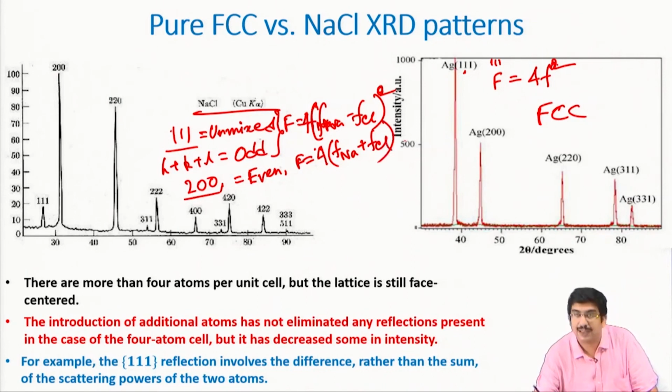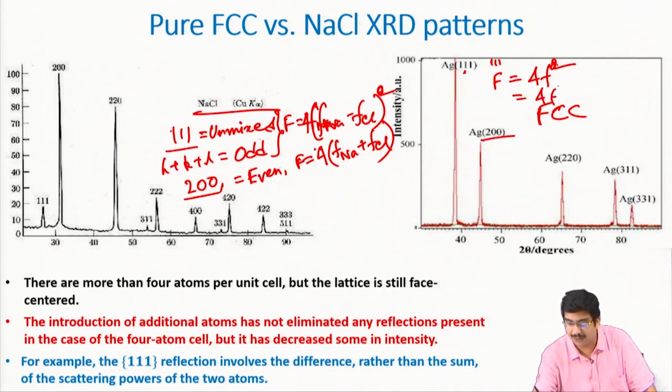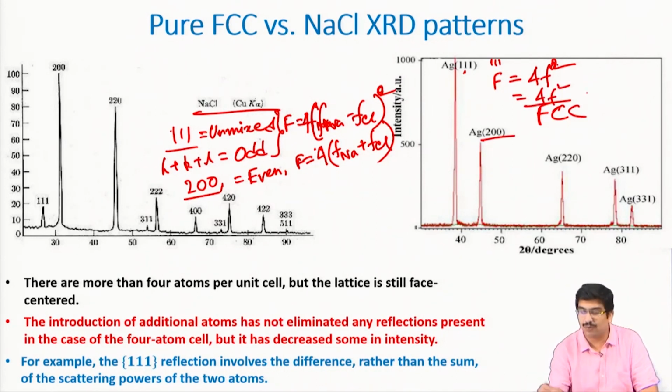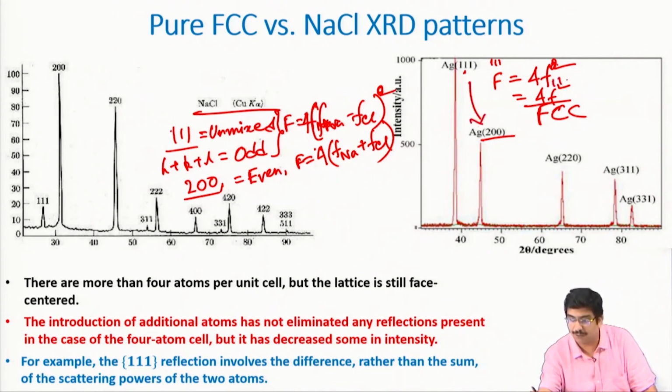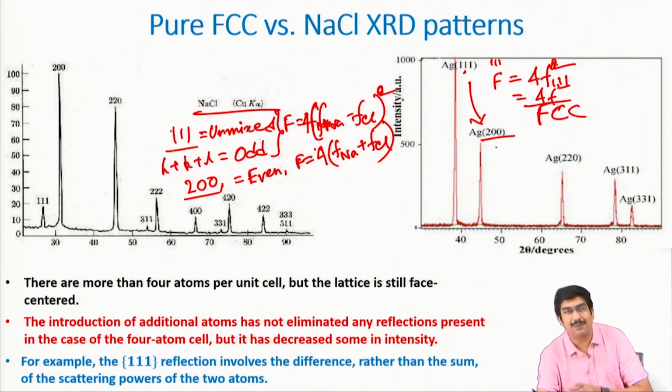And here, F will always be 4f, so there is no modification happening. Of course, the intensity of the 111 peak and 200 peak will change because the atomic scattering factor of the 111 plane and 200 plane is different.